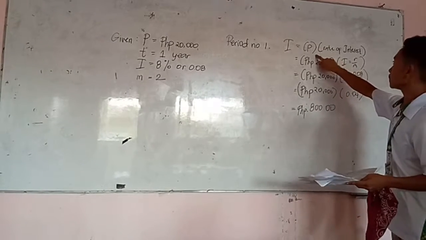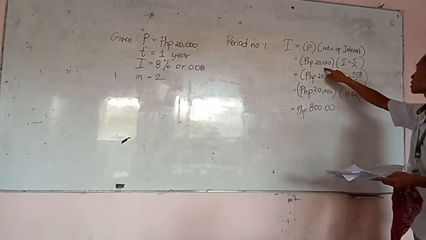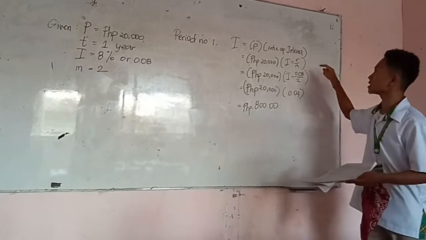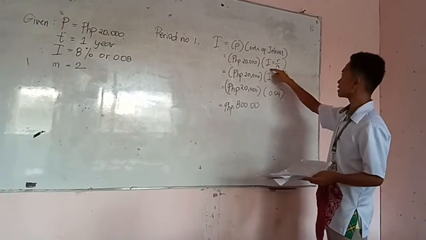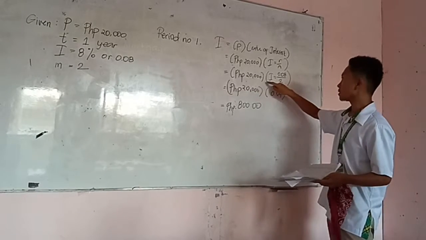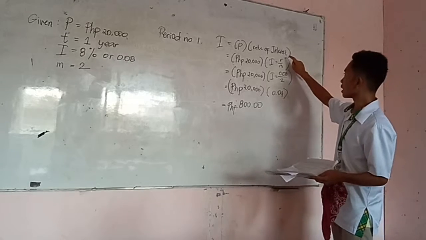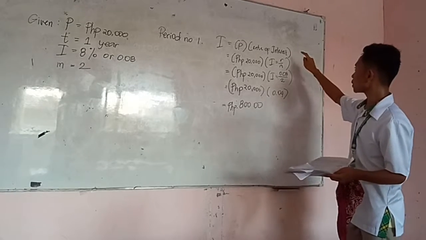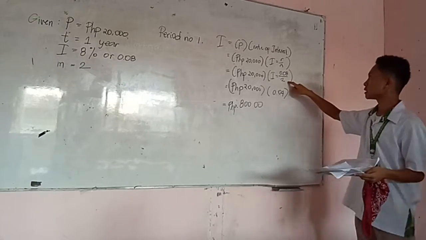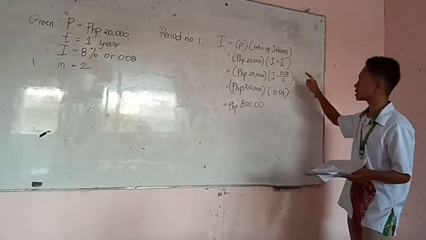I is equal to P times the rate of interest. So our principal is 20,000 times the rate of interest, where the formula is I is equal to R over M. So the rate of interest is 0.08 divided by our conversion period, which is 2.